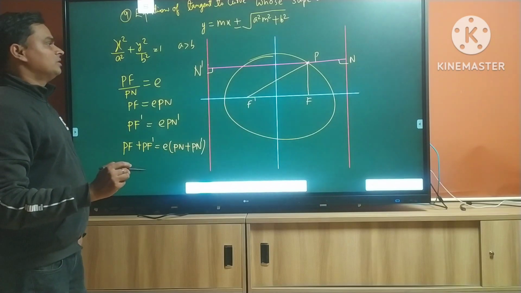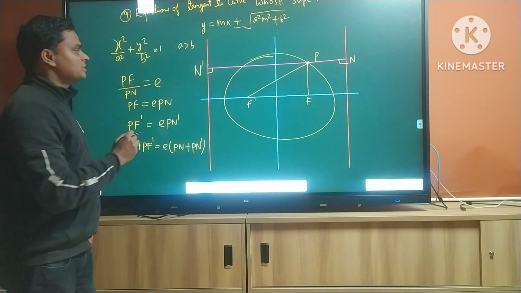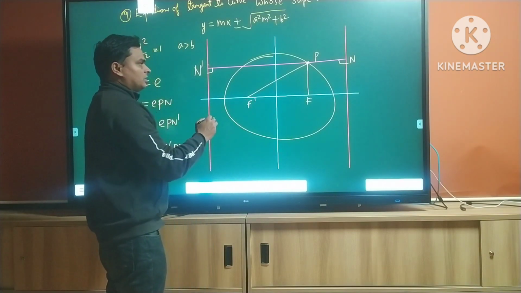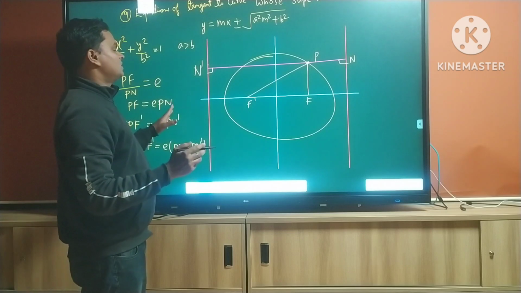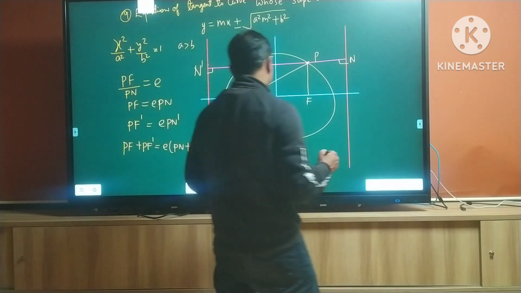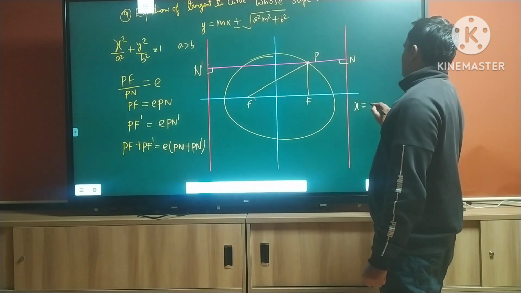Now what is PN plus PN'? As you might be seeing, PN plus PN' is equal to NN', which is parallel to the x-axis, so it is just the distance between the two directrices. So what was the equation of this directrix? It was x is equal to a upon e.